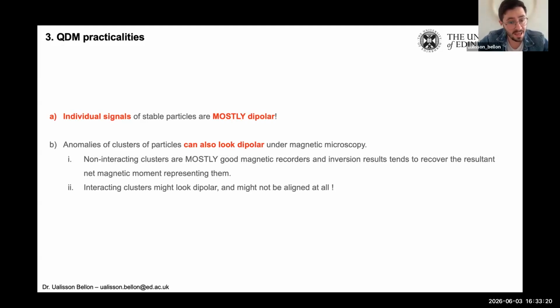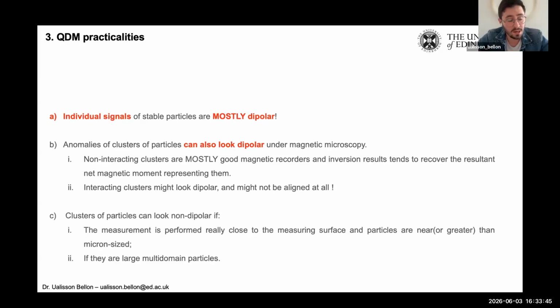Anomalies coming from clusters of particles can also look dipolar under magnetic microscopy. And if they're coming from clusters that are not interacting strongly, they can actually be really good magnetic records as well. But if you have interacting clusters, they might look dipolar and they might not be aligned at all.